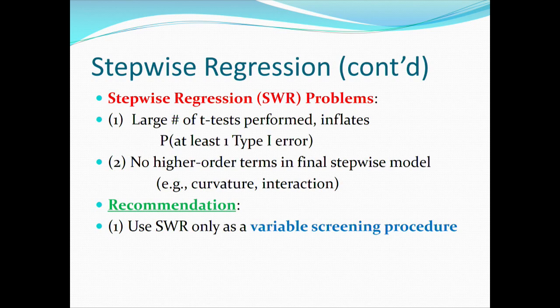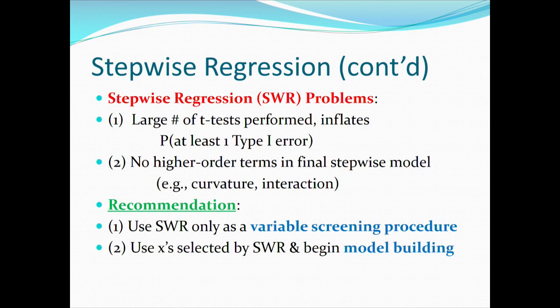But you don't stop here. You now start model building with the smaller subset of X's. Now use those X's selected by stepwise regression and begin your model building like you're doing, considering curvature, considering interaction, comparing models. So see, this is just the beginning.